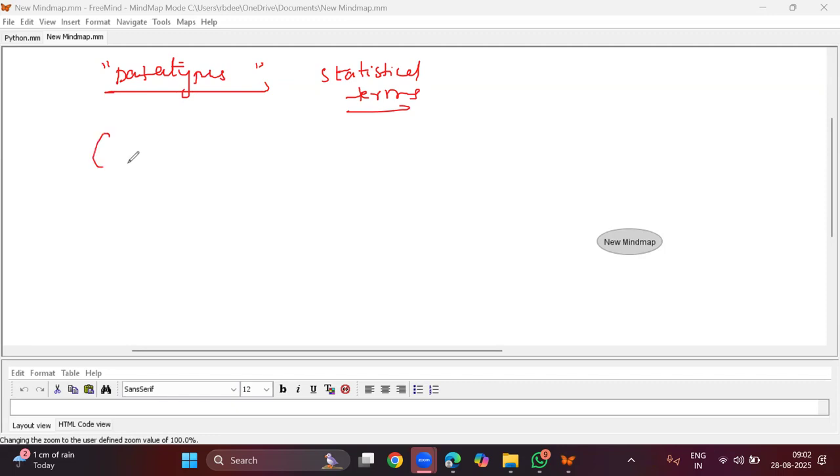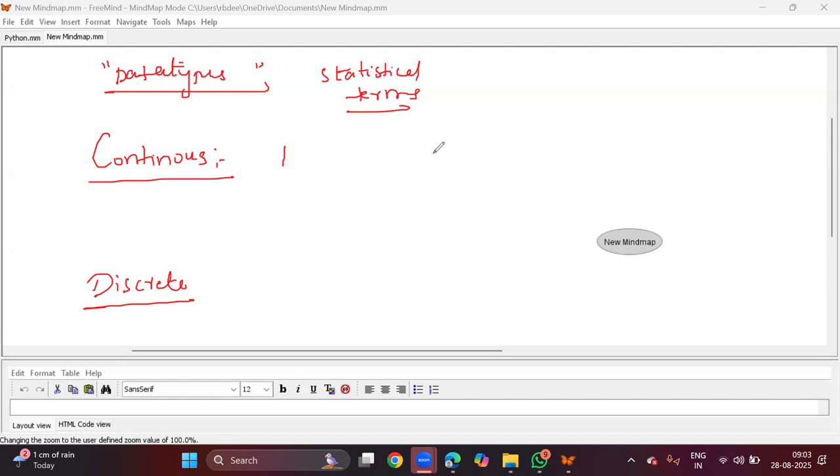One is continuous and the other is discrete. Now, what is continuous and what is discrete?